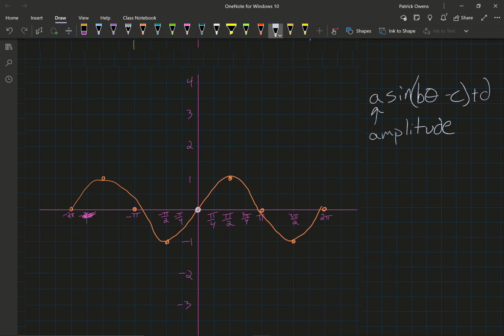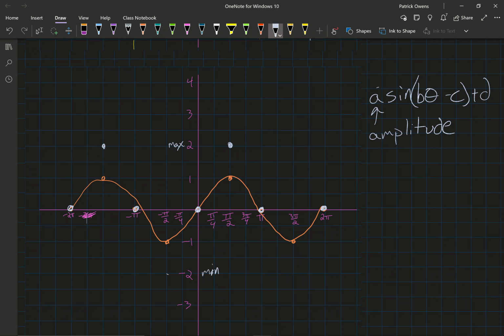So your zeros are still going to be at 0. Your maximums are still going to have the same x-coordinates, or theta coordinates, except they are now going to be at the y-coordinate of 2, or just take that amplitude of whatever a is, and that will be your new maximum.